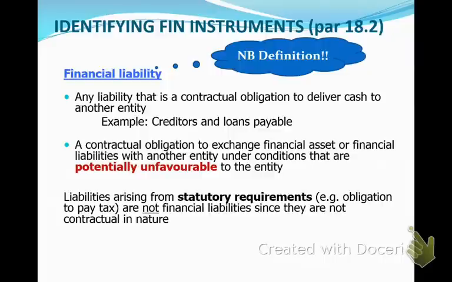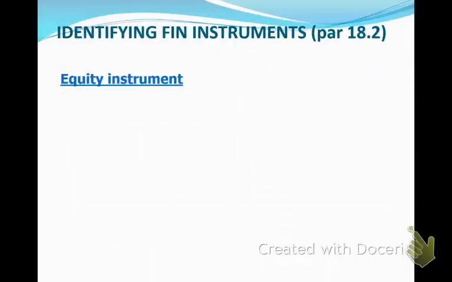Liabilities that arise from statutory requirements are not financial liabilities since they are not contractual in nature. You have an obligation to pay tax. There is no contract to do that. Look at example 18.2 in your textbook.